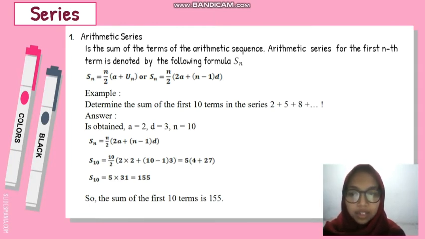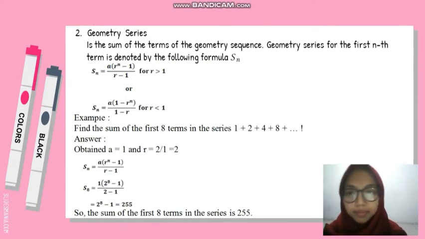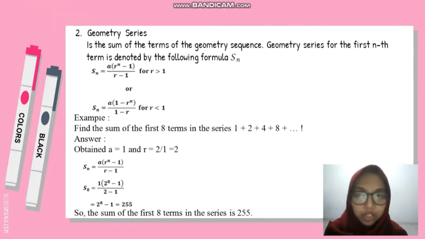So S sub 10 equals 10 divided by 2 times 2 times 2 plus 10 minus 1 times 3 equals 5 times 4 plus 27. So S sub 10 equals 5 times 31 equals 155. So the sum of the first 10 terms is 155.